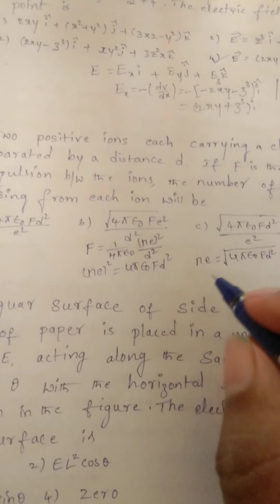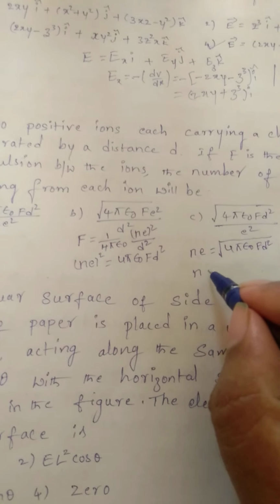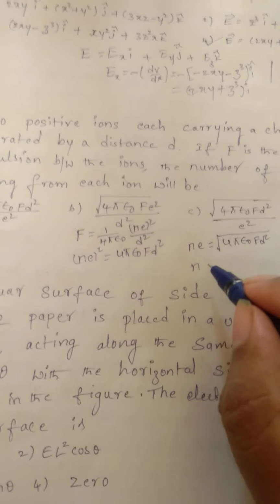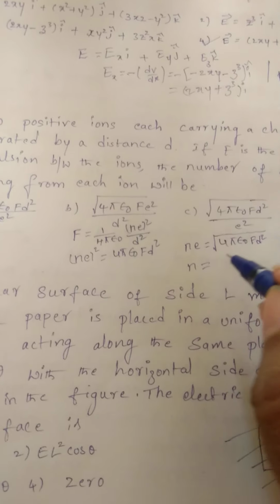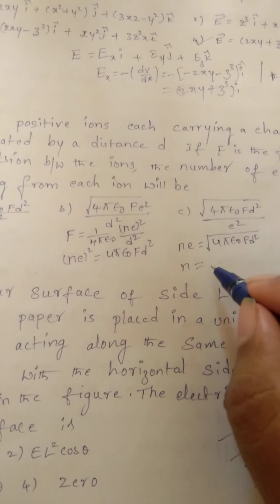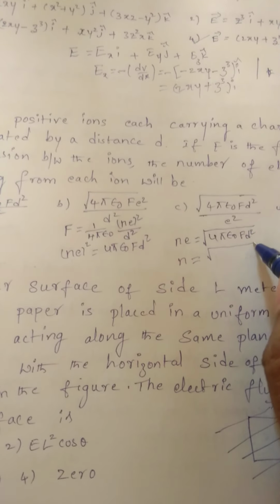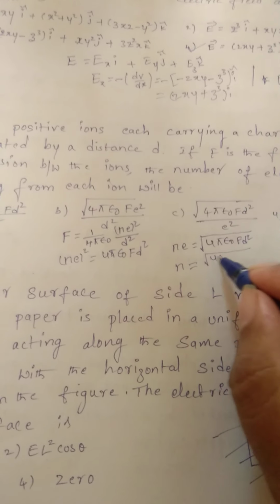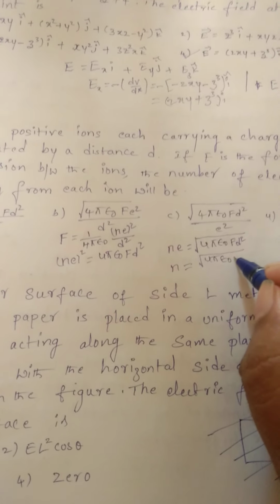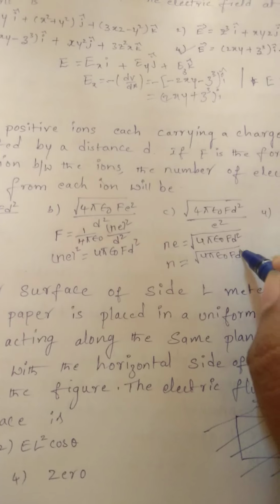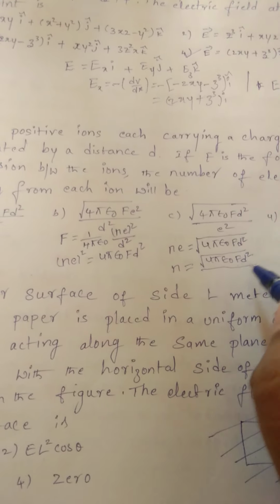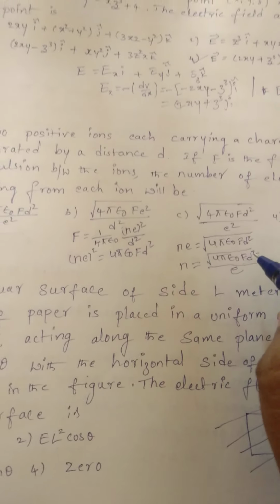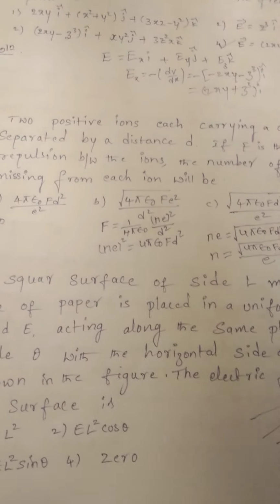What do we want here? We need to know the number of electrons missing, the n value. So therefore n is equal to square root of 4 pi epsilon 0 F d square divided by e. Is there any option like this?